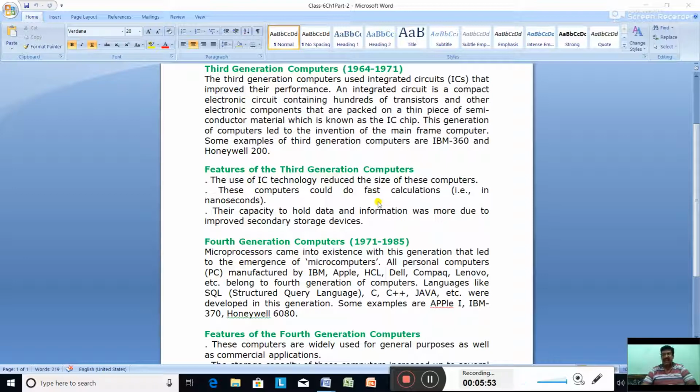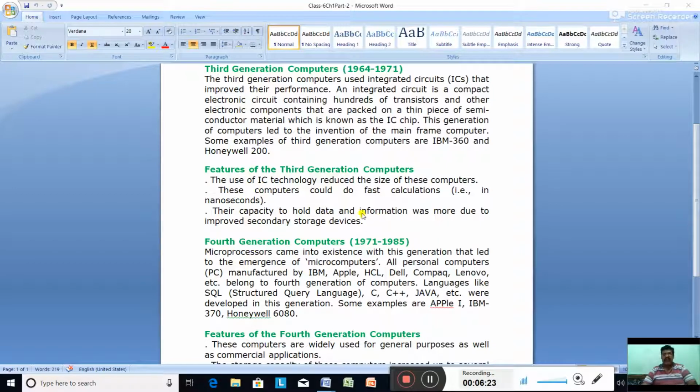Nanosecond means 10 to the power minus 9 part of a second. Their capacity to hold data and information was more due to improved secondary storage devices. Okay, secondary storage devices were improved so they could store more data and information.